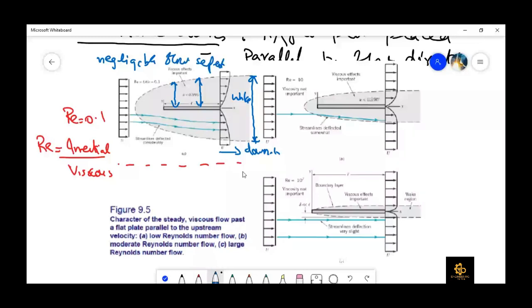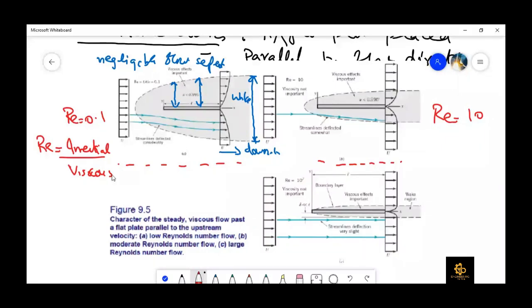Right. Now this figure, which is figure B, here the Reynolds number is about 10. So it means that now the viscous effects are 10 times less than the inertial effects. Inertial effects mean that the forces due to inertia are producing some kind of acceleration.